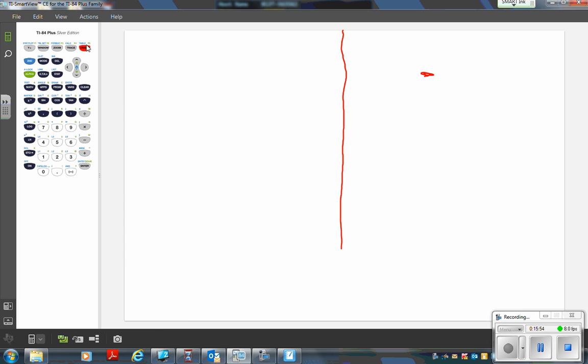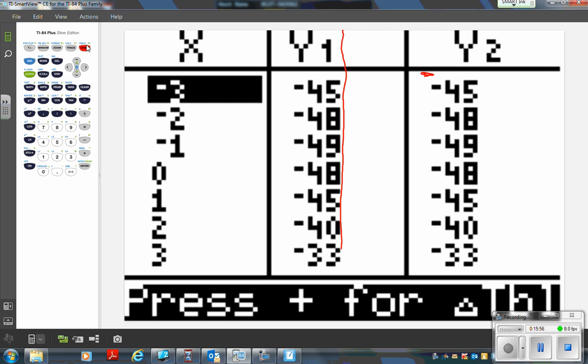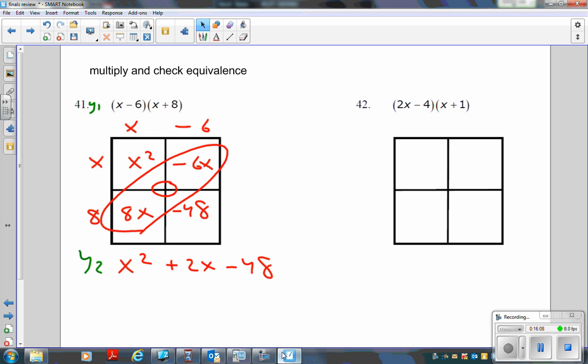Once you go to the table, you can check it out and see if they all have the same answers. If every single number is exactly the same, then yes, these are equivalent. As you can tell, they're all the same. 45, 45, 48, 48, 49, 49, 48, 48. They're all the same number, so yes, this is the right answer.